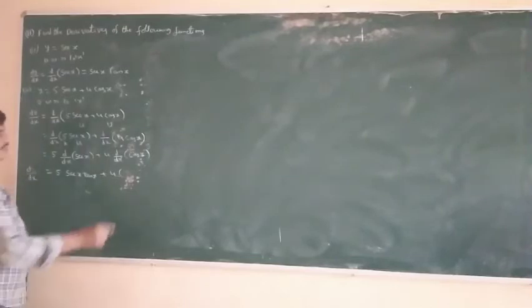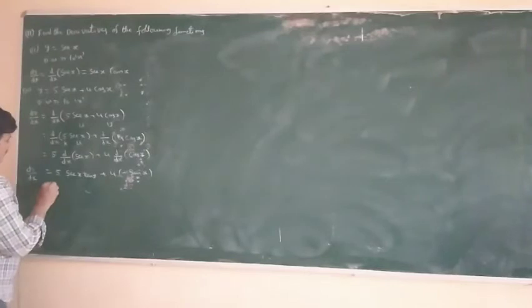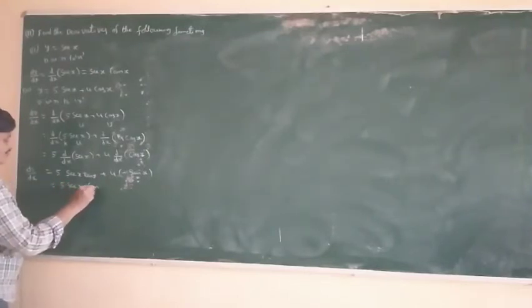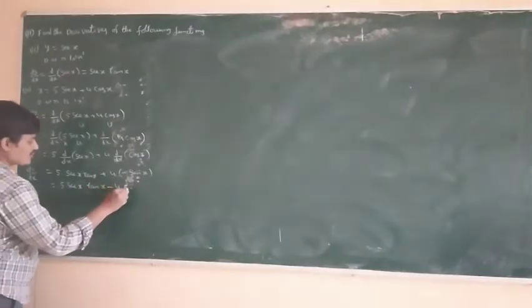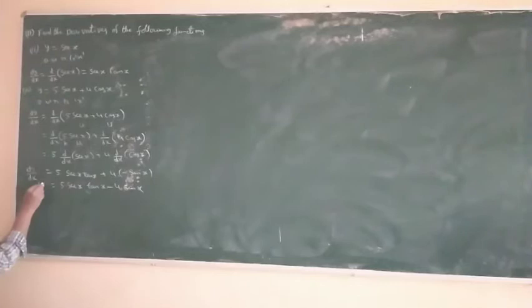Derivative of cos x is equal to minus sin x. So, that is equal to 5 secant x tan x minus 4 sin x. So, this is the derivative of y.